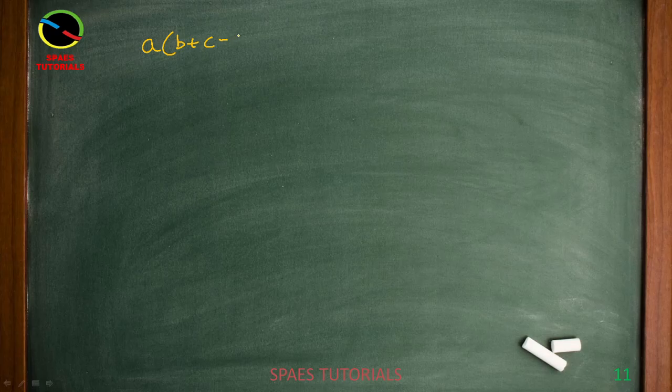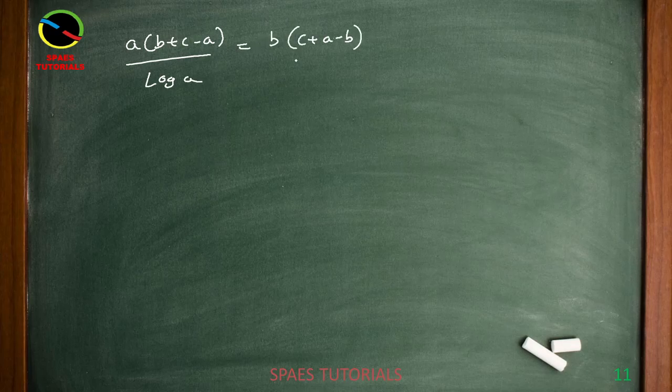Whenever double equality comes, remember this, take it equal to some lambda. a(b + c - a) by log a is equal to b(c + a - b) divided by log b, that is equal to c(a + b - c) divided by log c.